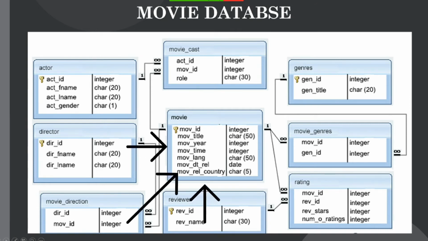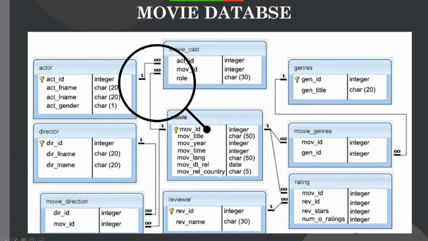For example, the actor is linked with movie cast, which is linked with movie, which is linked with movie direction, and movie direction is linked with director, and movie is also linked with other tables. This is how the architecture of the database works, with every table linked to the others. Now we'll jump into the question.